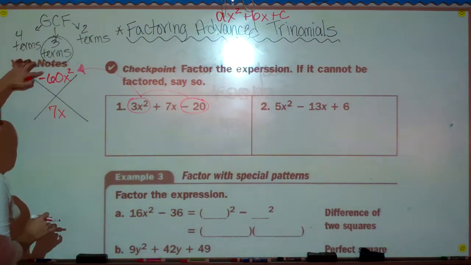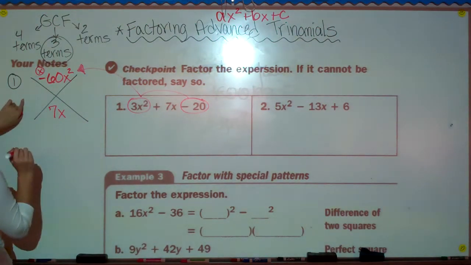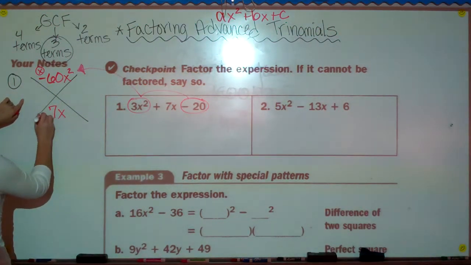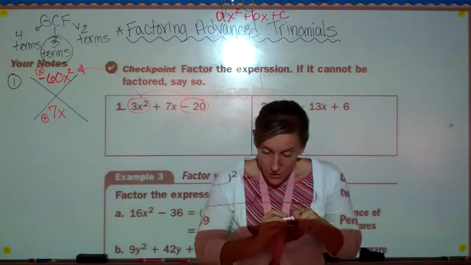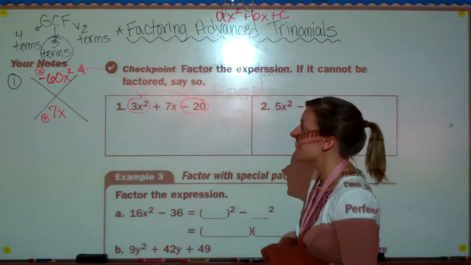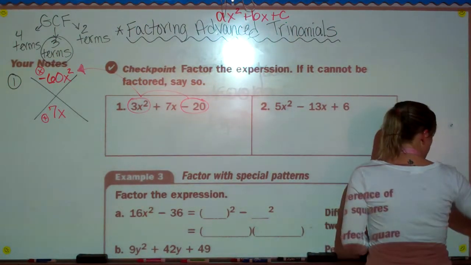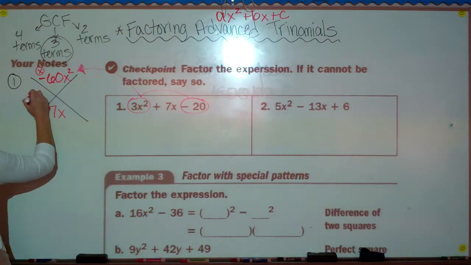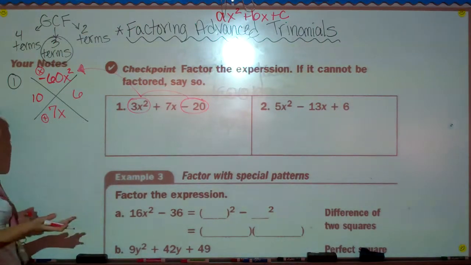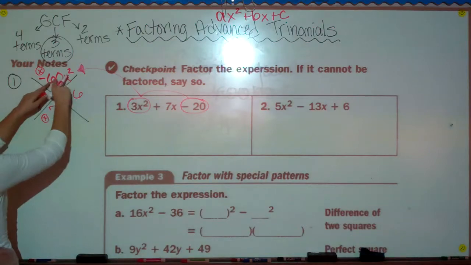All right, so then you ask yourself, what numbers multiply to negative 60 and add to positive 7x? So again, we go through the thought of factor pairs. Well, I know that 10 and 6 multiply to 60, and if I make one of them negative, that multiplies to negative 60.